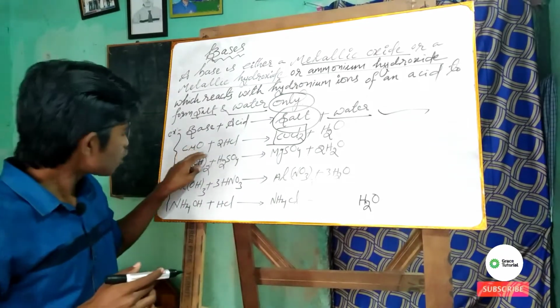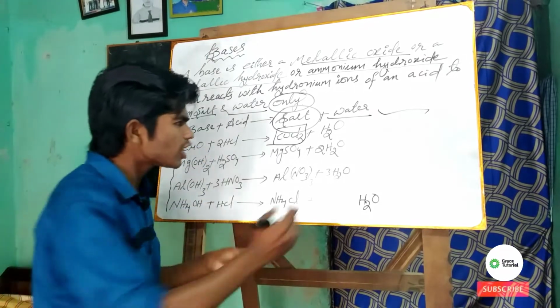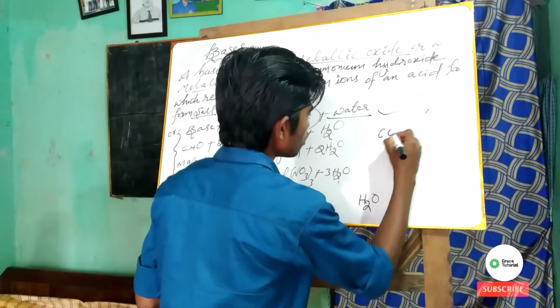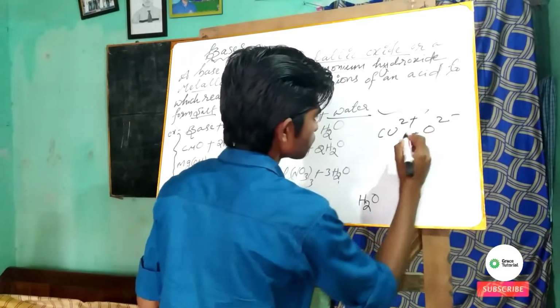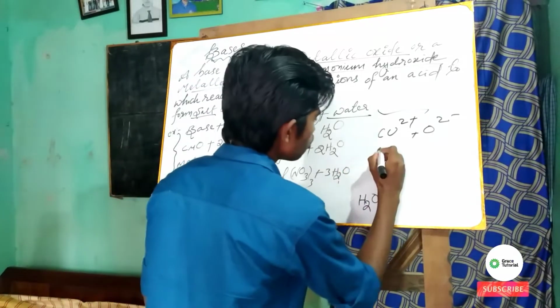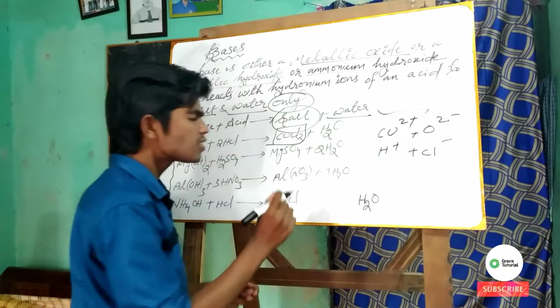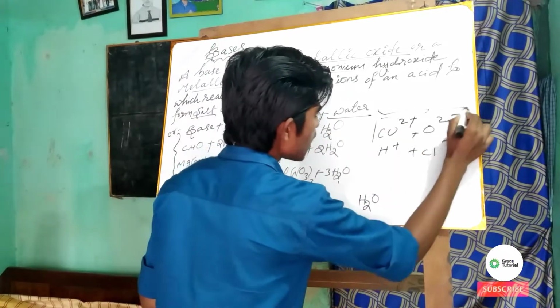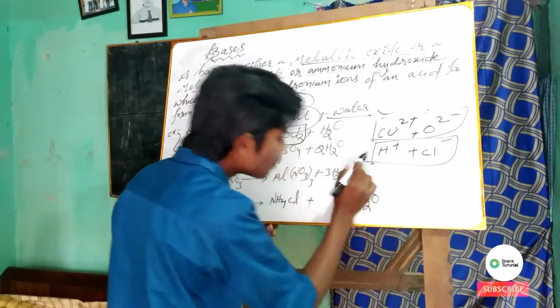First of all, let us write CuO, that is copper oxide. If you dissociate the copper oxide, then what do you get? You get Cu2+ and O2-. And if you dissociate the hydrochloric acid, then you will get H+ and Cl-. That means the positively charged part of this compound will react with the negatively charged part of this compound.